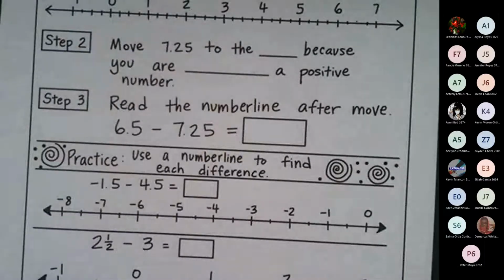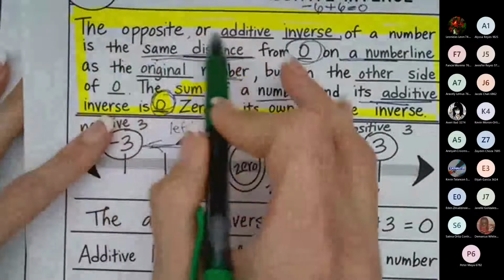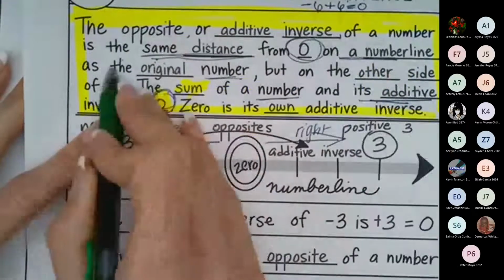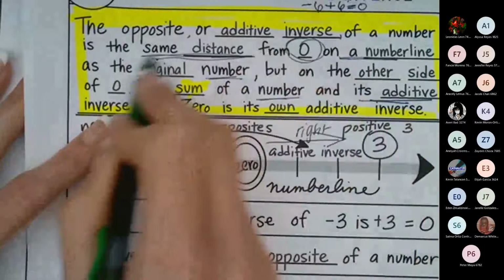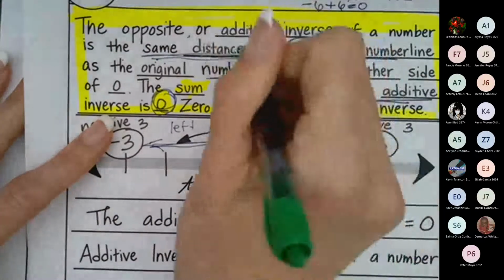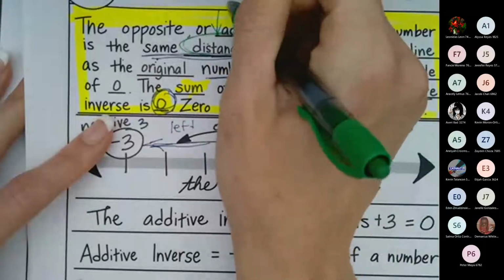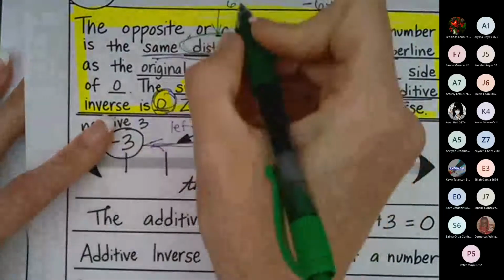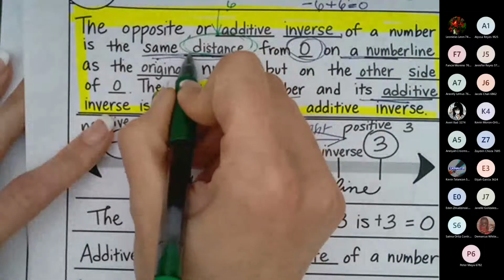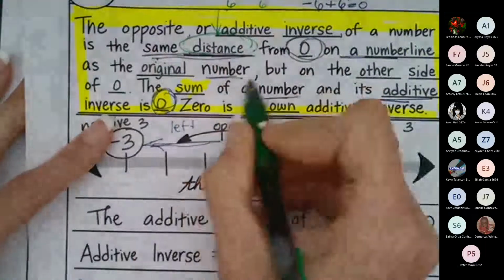Then this week, we did the additive inverse, where we learned that the opposite means the same as additive inverse, right? So the opposite of a number is the same distance from 0 on a number line as the original number, but on the other side. Meaning that we take this word distance to tell us that the value of the number itself is going to remain the same. So let's say our number was 6. What I'm going to do is go the same distance as the original number. So I'm going to go 6 spaces over, but on the other side.